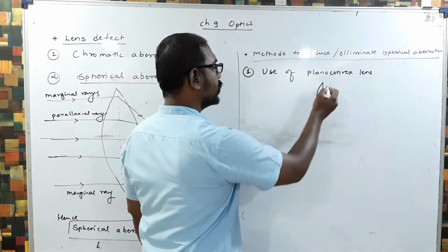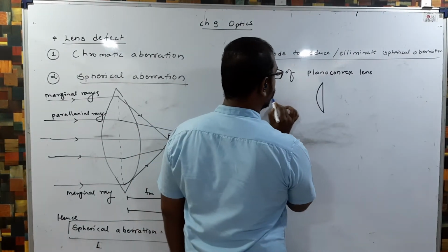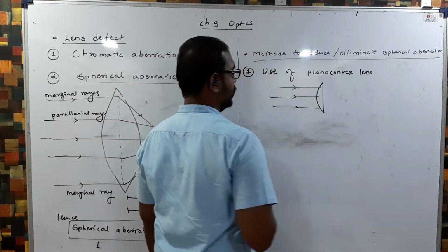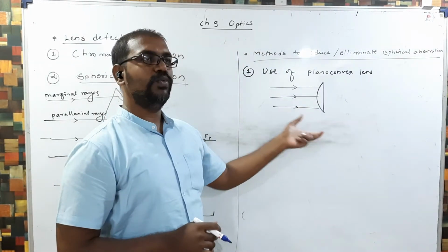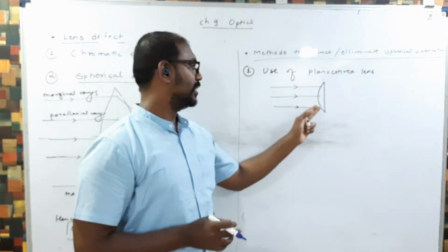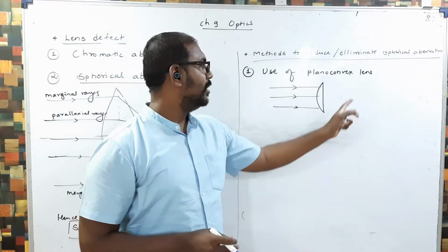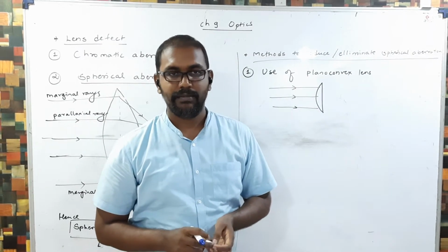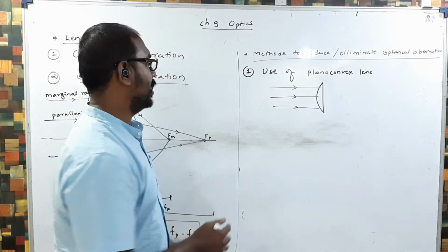The convex side, which focuses the light rays, must face the direction of the object. Then the spherical aberration is minimized, and we get less spherical aberration.